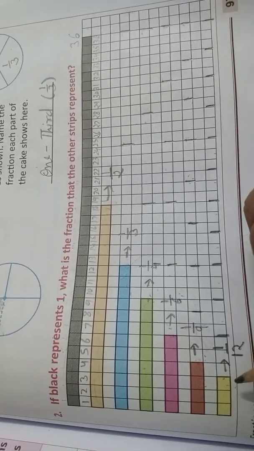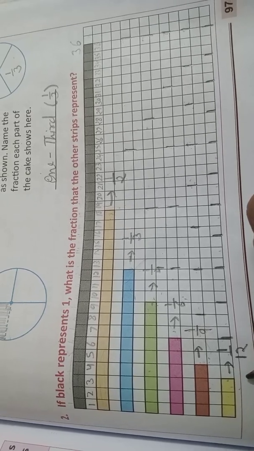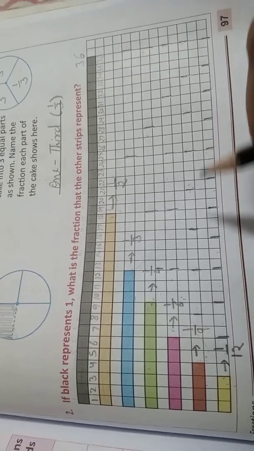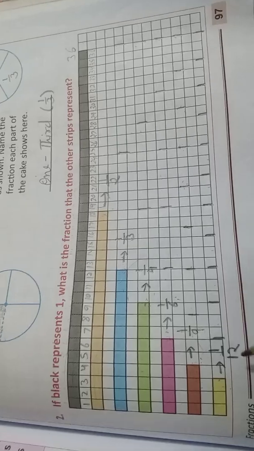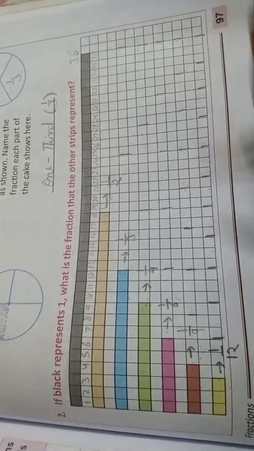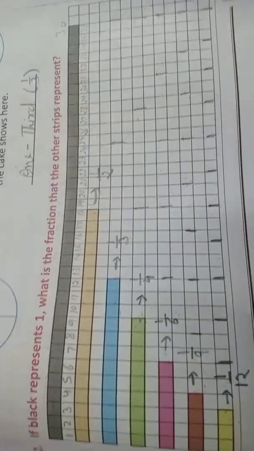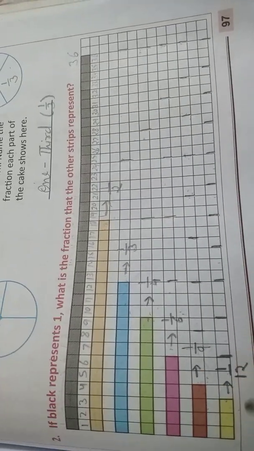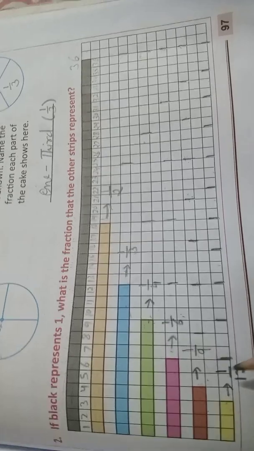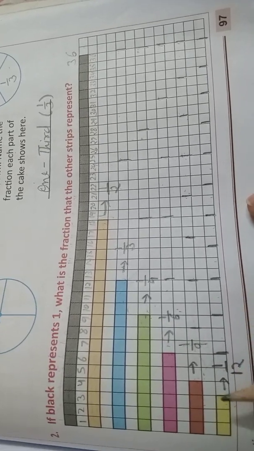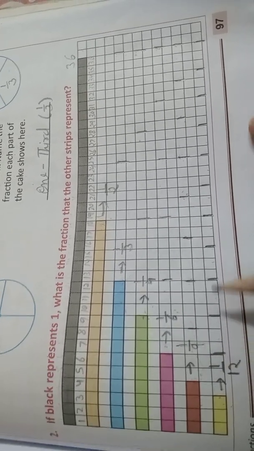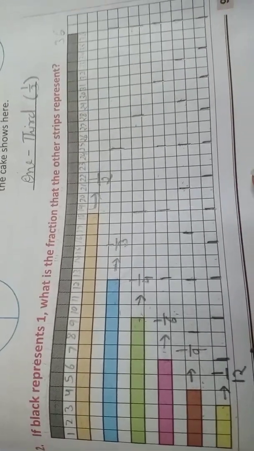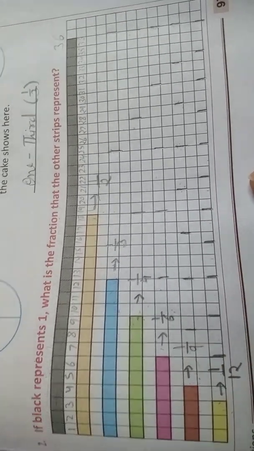So this means this is the 1/12th part of this strip. Total we have 36, and we are dividing this 36 into 3 blocks. So you will get 12 parts. Yes, so this yellow part is the 1/12th part of this whole strip. So here you will write 1 by 12.